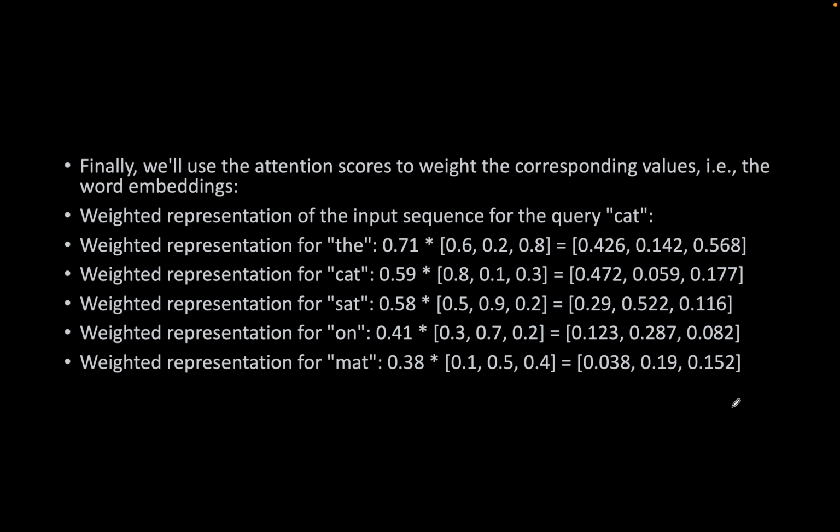After that we need to apply the attention score to each corresponding value. This can be calculated by simply multiplying the attention score just calculated in the previous slide with the initially generated token embedding. This is the initial token embedding, this is the attention score, and what we get is the updated token embedding, which can be used in our neural network.